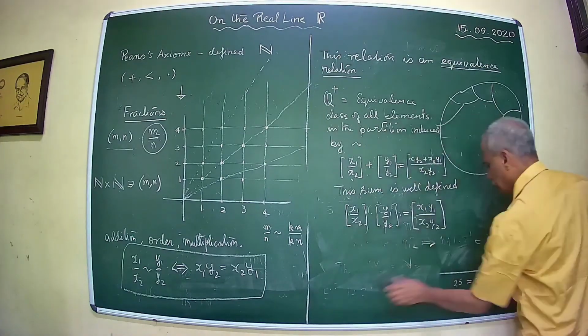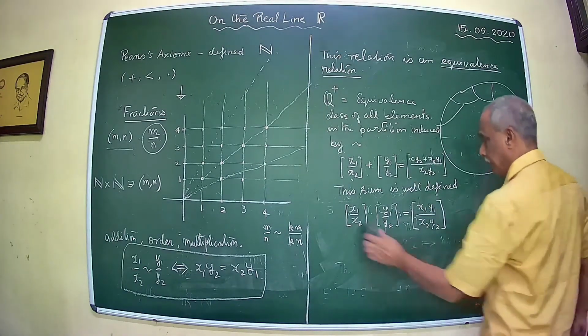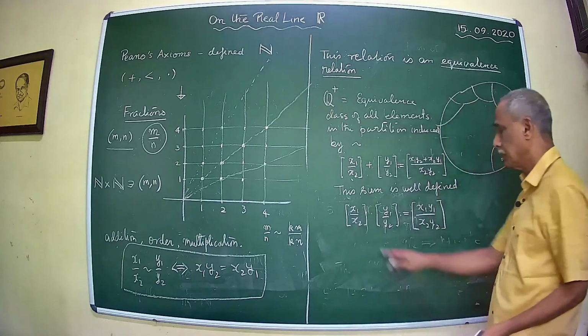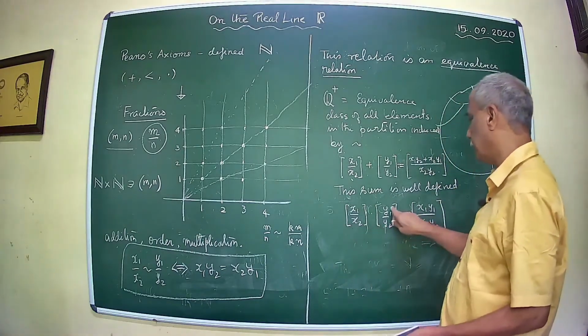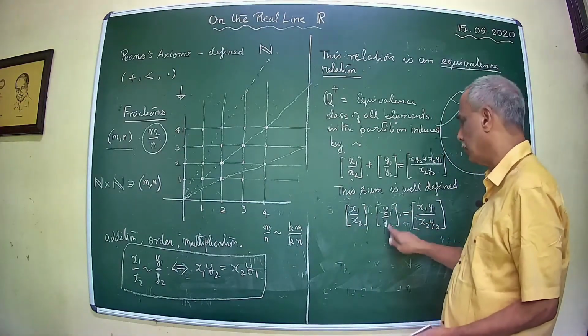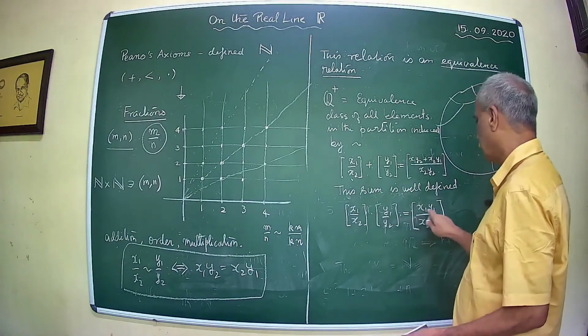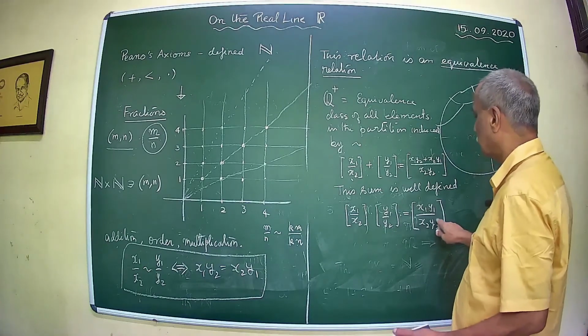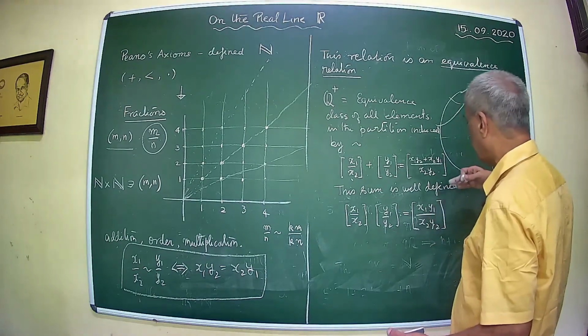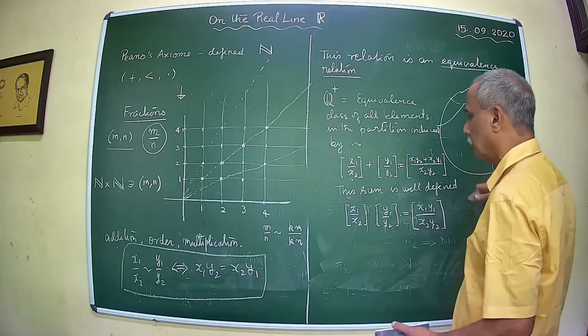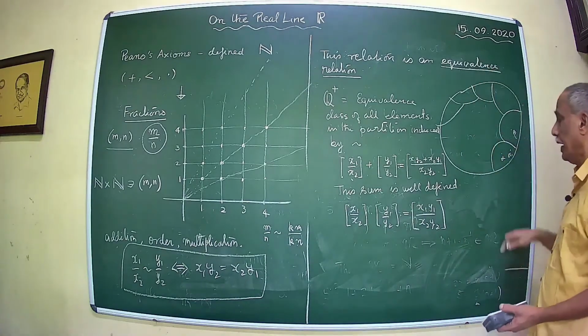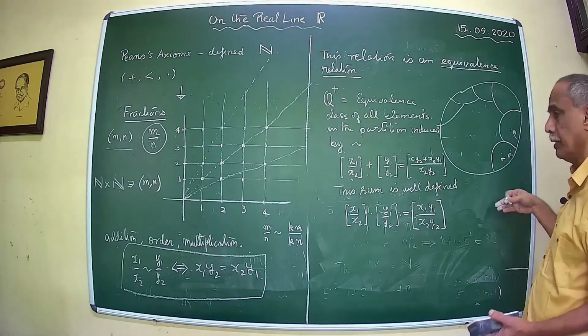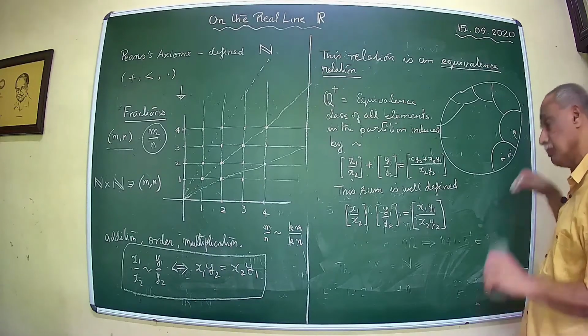For instance, you have another x1 prime, x2 prime in the same block, and y1 prime, y2 prime in the same block. Then the product will be x1 prime y1 prime over x2 prime y2 prime. You are asking the question: is x1 y1 by x2 y2 related to x1 prime y1 prime divided by x2 prime y2 prime?